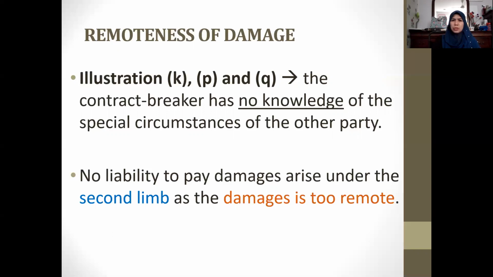So more or less it's similar to Hadley v Baxendale, isn't it? So in the illustration that I have read just now, the contract breaker has no knowledge of the special circumstances of the other party. That's why the damage is considered too remote, so it's not claimable.